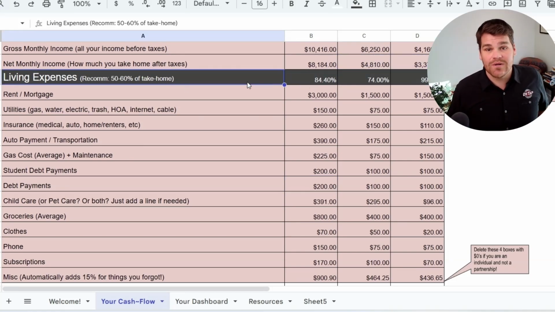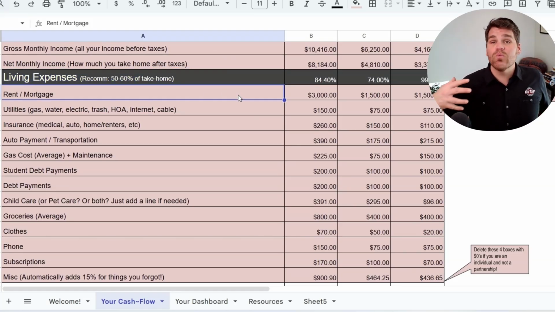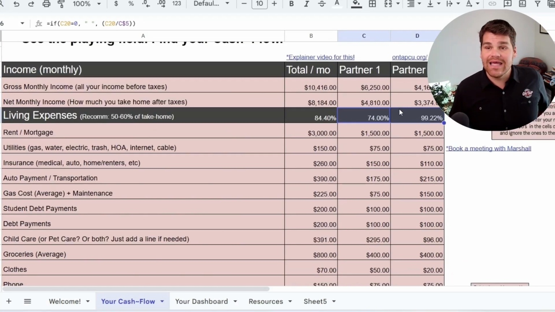They're at 84%, where it's recommended that you get your living expenses to between 50 to 60% of take-home pay. But that can be something that we work towards over time.